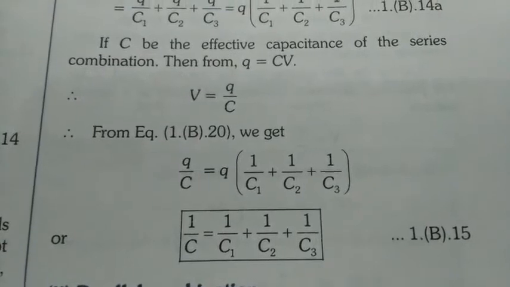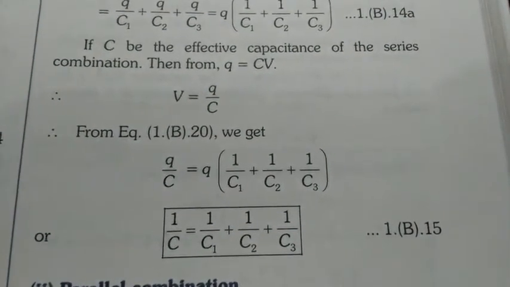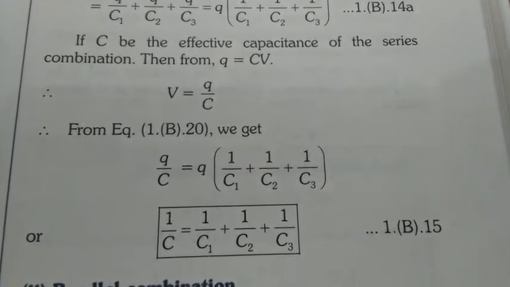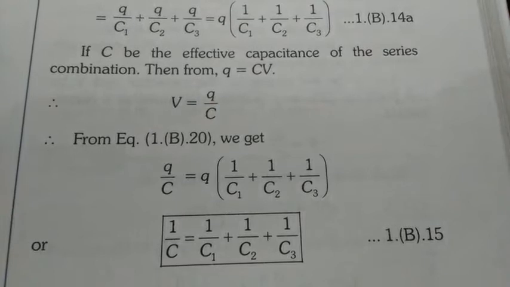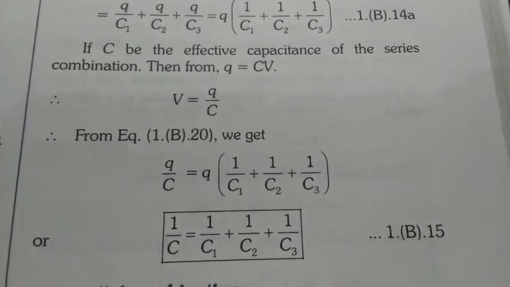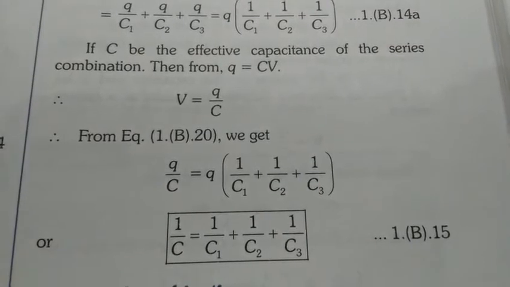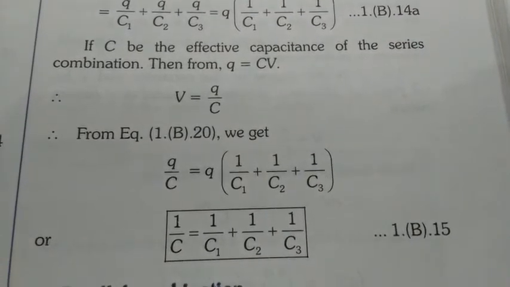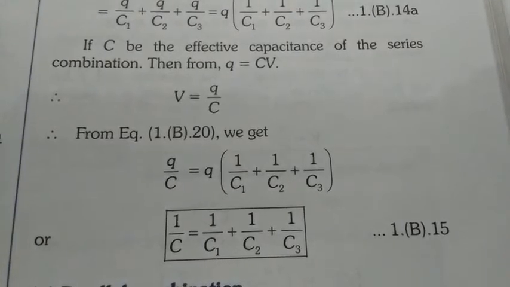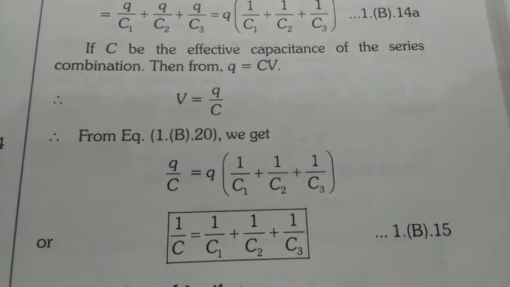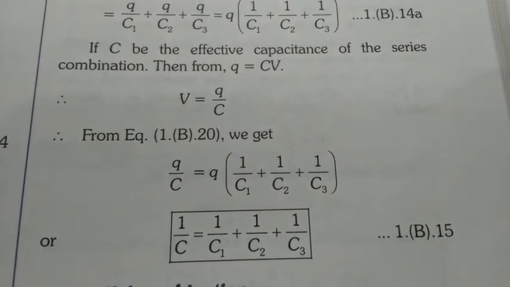If you look at the resultant capacitance in a series circuit, you can find it is similar to the series combination of cells, where we were also getting the same type of equation. Here the reciprocal of the total, resultant capacitance of the circuit is the algebraic sum of the reciprocals of the individual capacitances.